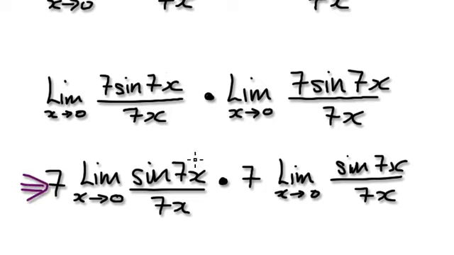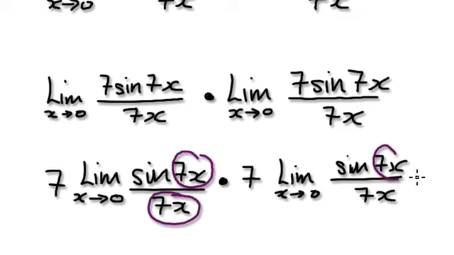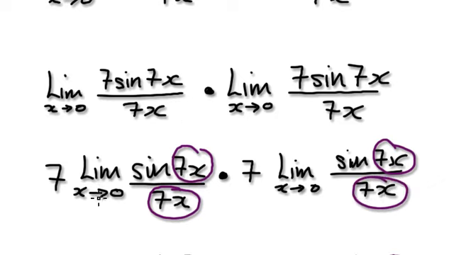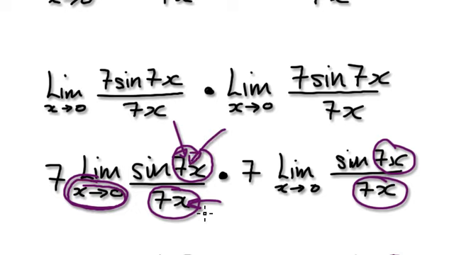Okay, now notice that this bubble here is the same as this bubble here, and this bubble here is the same as this bubble here. As x tends to 0, this bubble will automatically go to 0. As x tends to 0, 7x, this bubble here, will tend to 0.